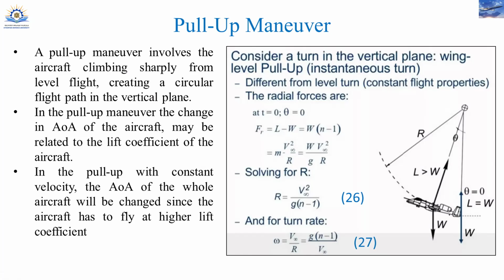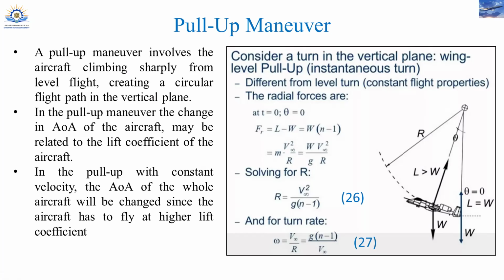So the pull-up maneuver involves the aircraft climbing sharply from level flight and creating a circular flight path in the vertical plane. The previous one is in the horizontal plane, as I told you. In the pull-up maneuver, the change in angle of attack of the aircraft may be related with the lift coefficient.